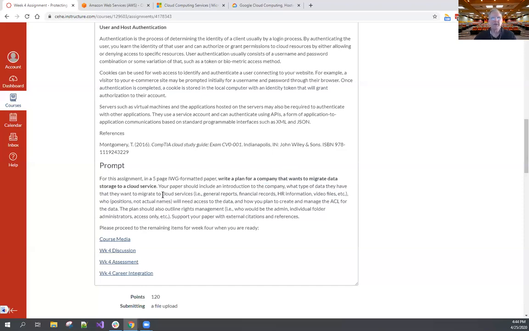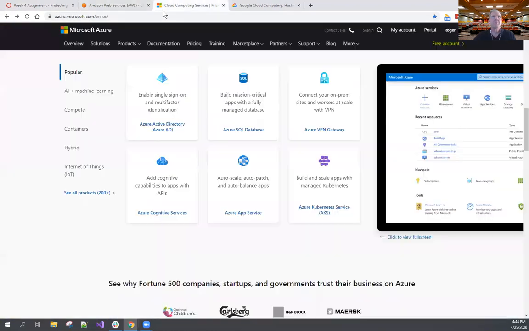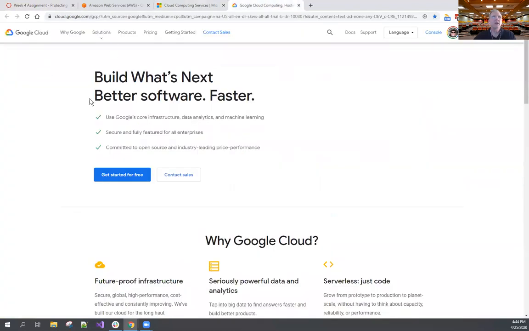So what are cloud services? The three most prominent are Amazon Web Services, the second one Microsoft Azure, and the third one Google Cloud Services.